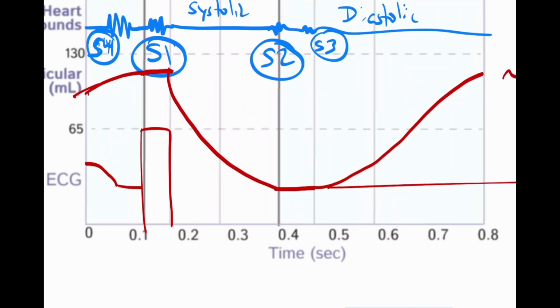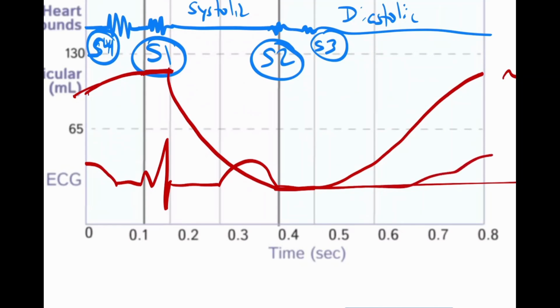That's your isovolumic contraction. So the heart is contracting. If the heart is contracting, we have our QRS complex. So the QRS happens here, right at the beginning of isovolumic contraction. The relaxation happens here. And then the whole thing starts to repeat.